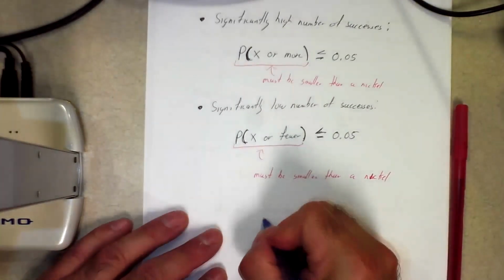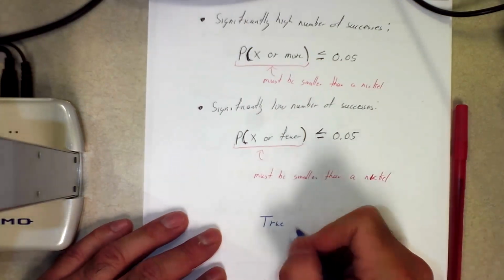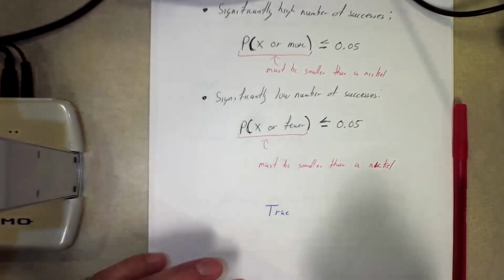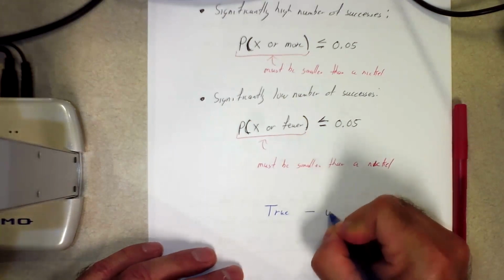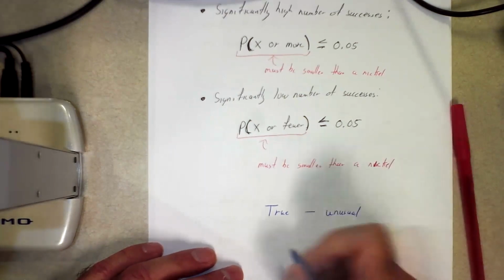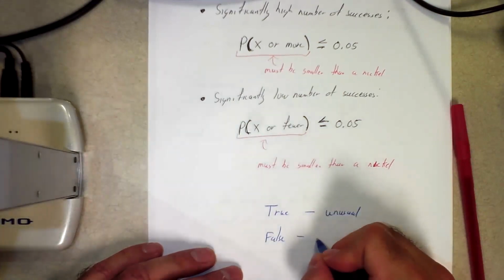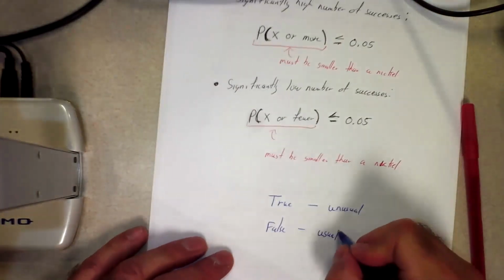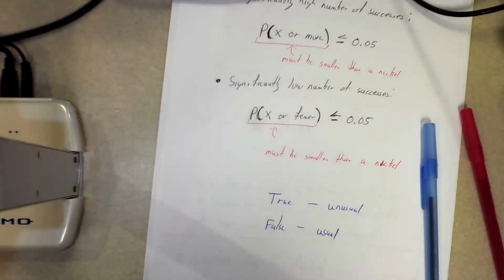If it's true that it is smaller than a nickel, then it would be unusual. If it's false, then we say that it is usual.